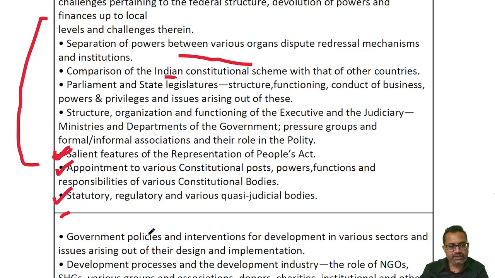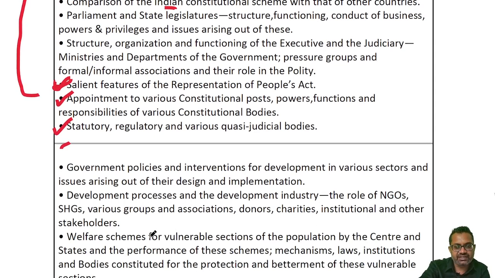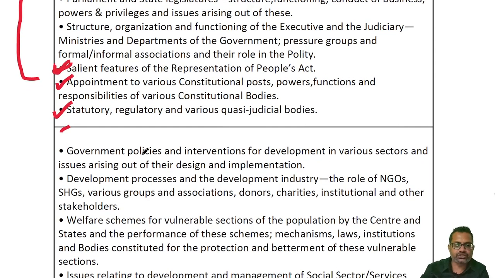Okay, from here this is government policies and interventions in various sectors. This is the portion of social justice. So this portion of social justice is not part of polity and governance.